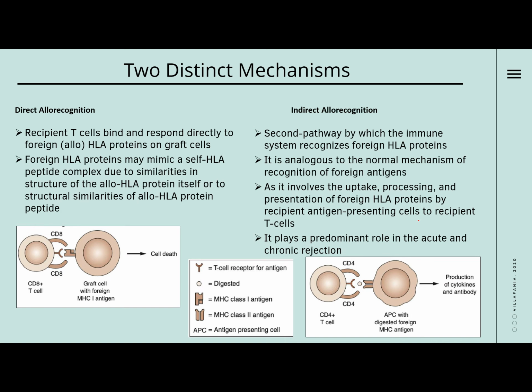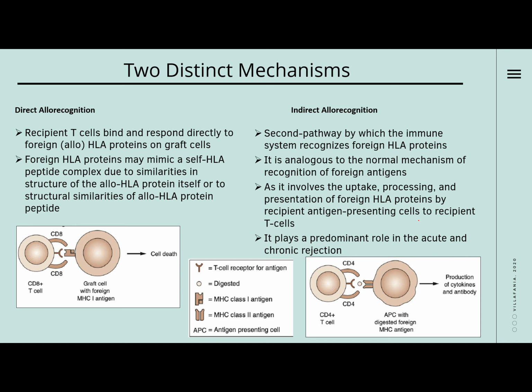So sa direct allorecognition, yung T cell mo a-attack siya or a-attach siya dun sa foreign cell. And when that happens, class, it would cause a reaction that can lead to cell death. So that's your direct allorecognition.